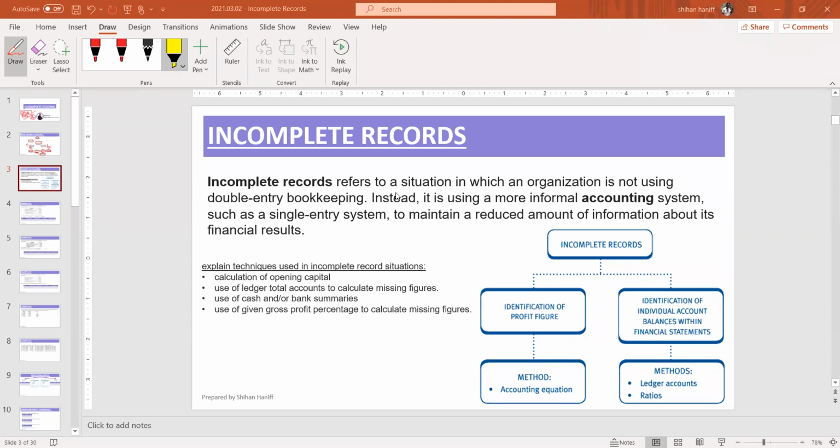Incomplete records refers to a situation in which an organization is not using double entry bookkeeping.